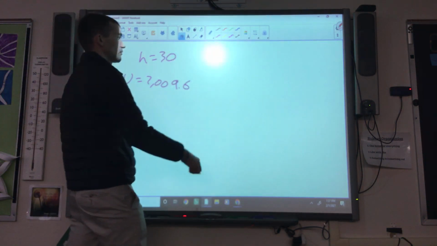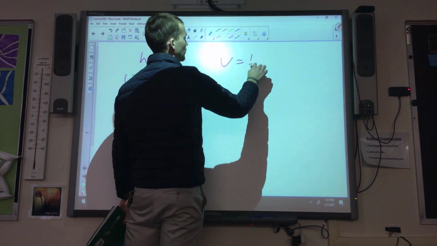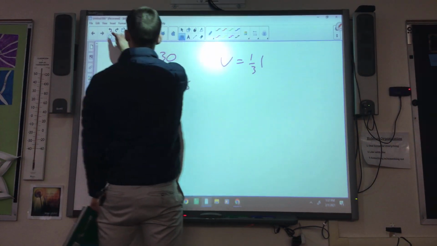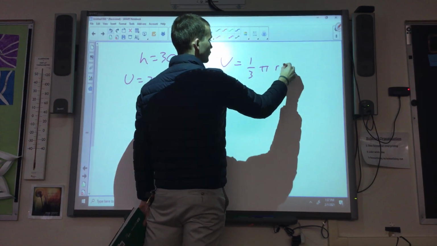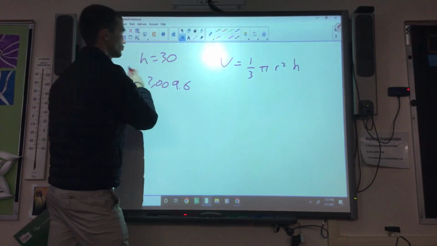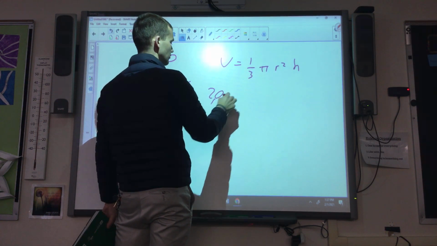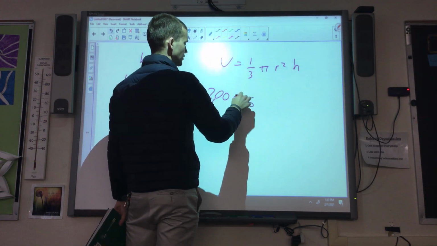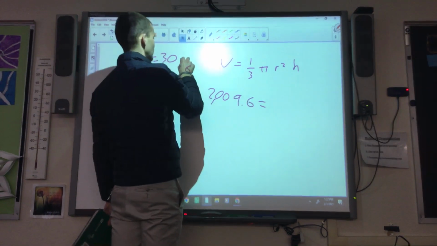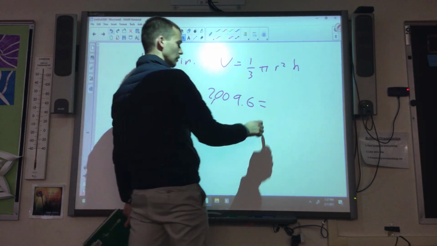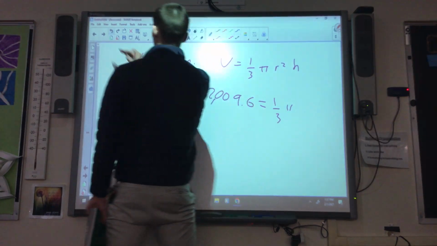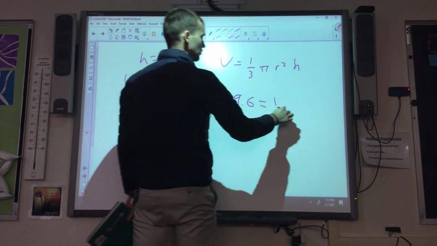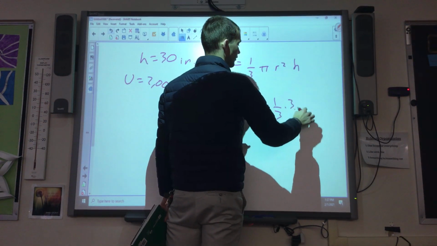So I know these, I then write volume equals 1/3 pi r squared h. I know this is 2009.6. I'm going to put inches here so that I remember it at the end. Times 1/3 times 3.14.